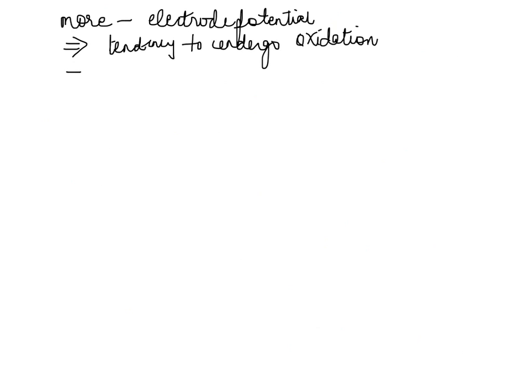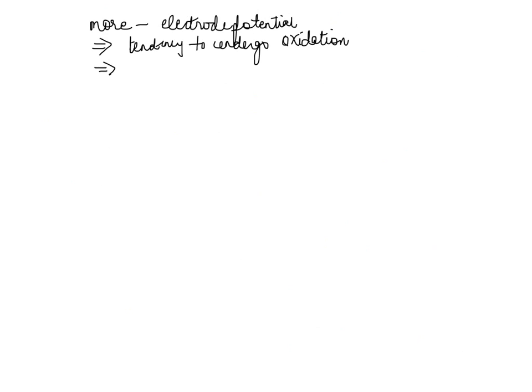And that also means that since the negative charge repels the electron, the potential energy of the electron at that electrode is going to be higher.